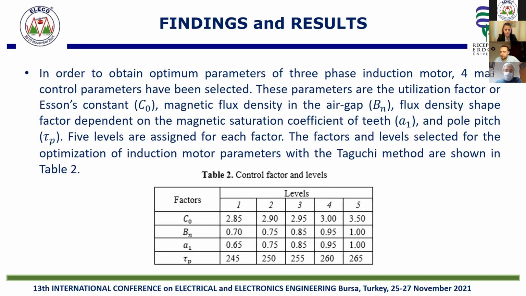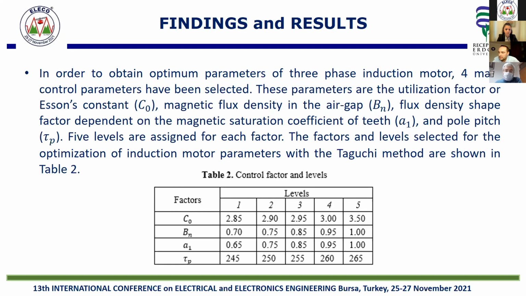In order to obtain optimum parameters of the three-phase induction motor, four main control parameters have been selected. These parameters are the utilization factor or efficiency constant, that means C0, magnetic flux density in the air gap, flux density shape factor dependent on the magnetic saturation coefficient of teeth, and pole pitch. 5 levels are assigned for each factor.